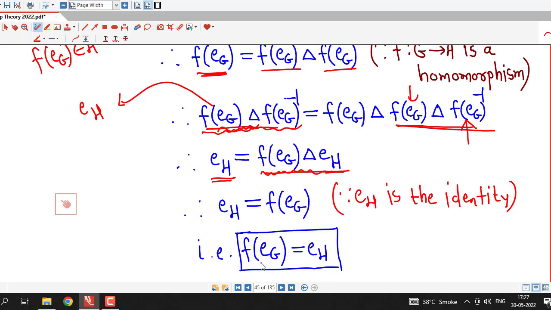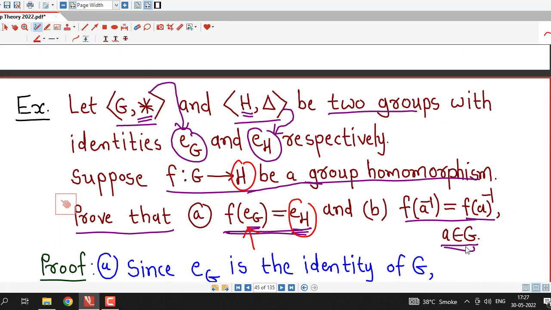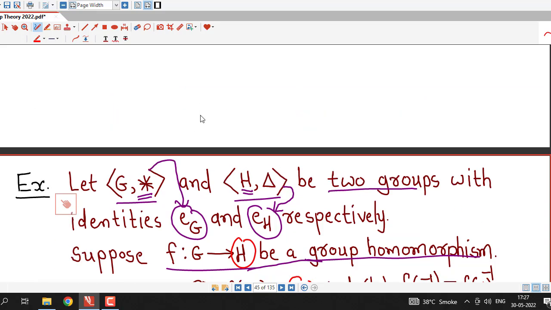That is, the image of the identity of group G equals the identity of group H. As f is a homomorphism from G to H, the image of the identity of G under f is the identity of H. Another property is, if we take f(a⁻¹), then that is equal to the inverse of f(a). We want to prove that f(a⁻¹) equals the inverse of f(a).